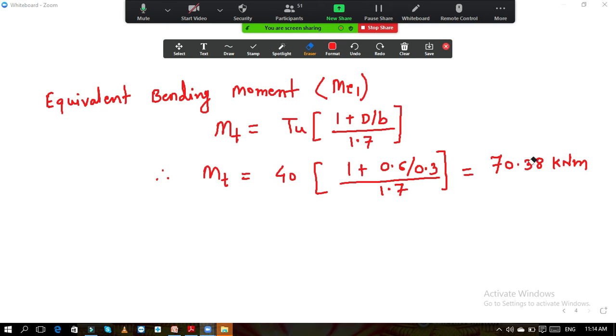So I will make the correction, 70.58. All of you please check the value. Is it right?